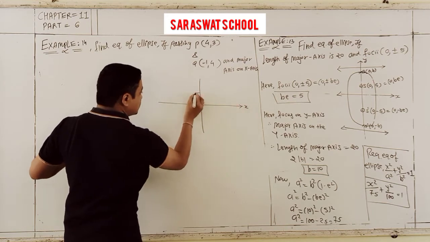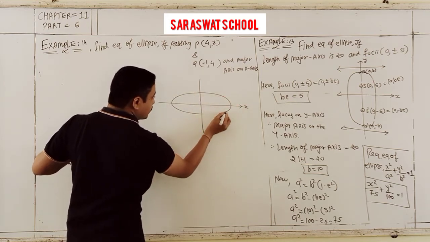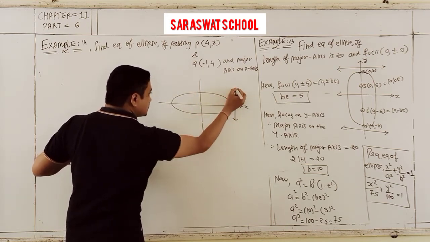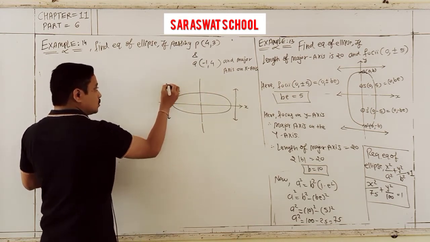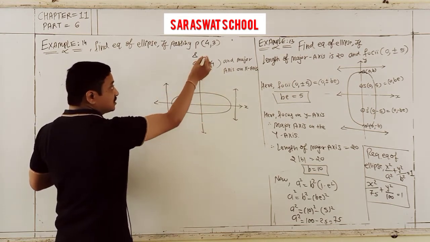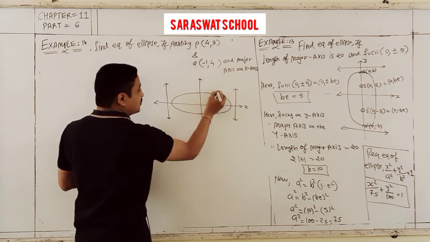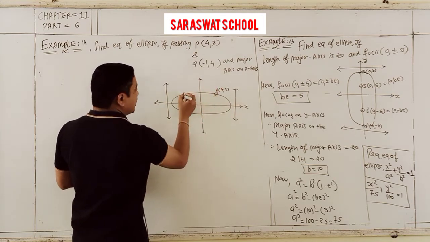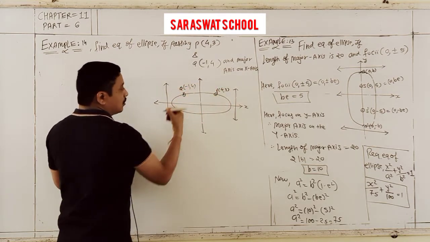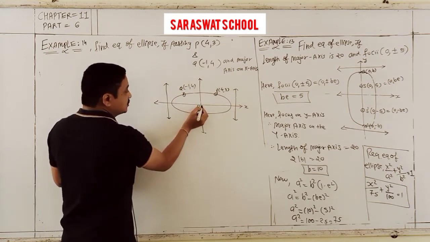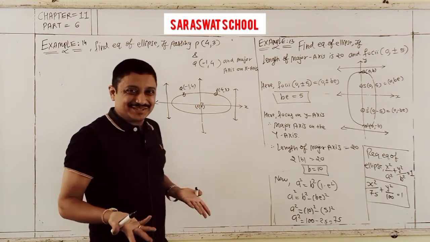That's your major axis along the x-axis. Here is the directrix, and two points are given on it: (4, 3) approximately in the first quadrant, and the second point in the second quadrant, and here your center (0, 0). Very easy, students.